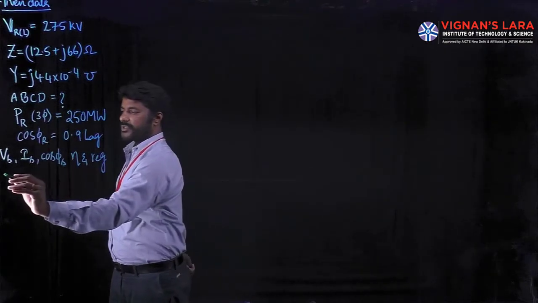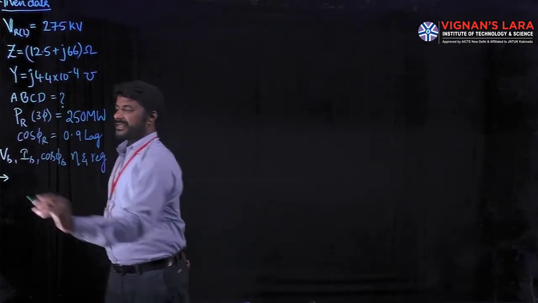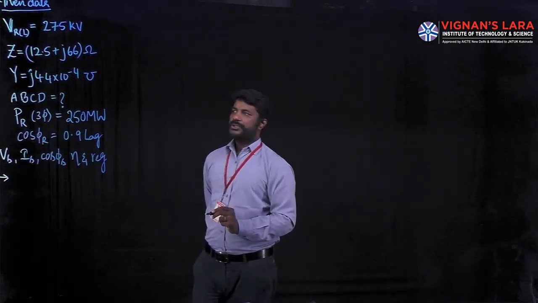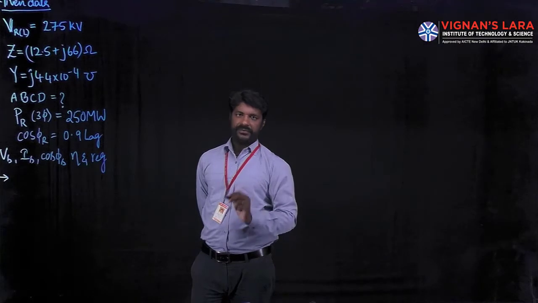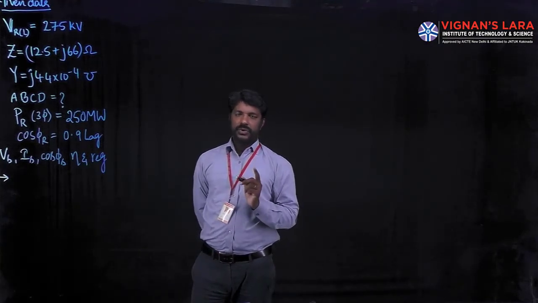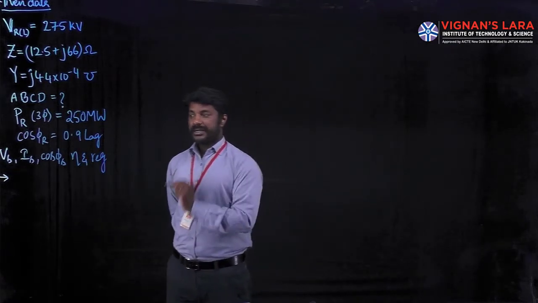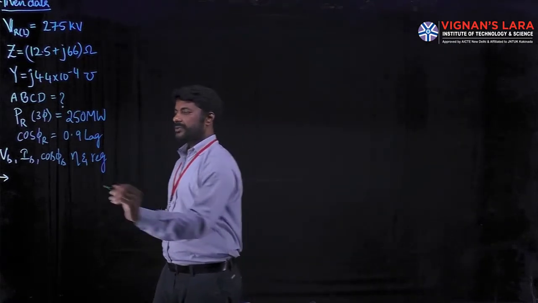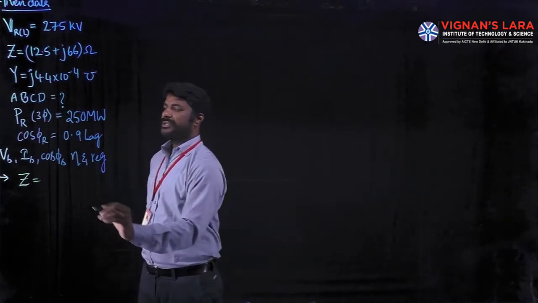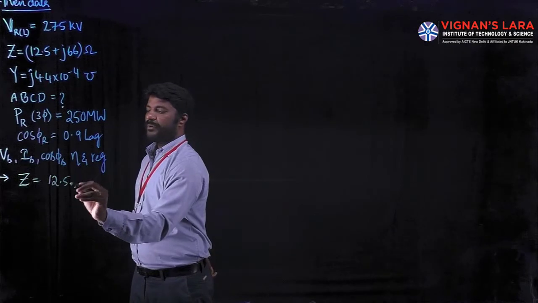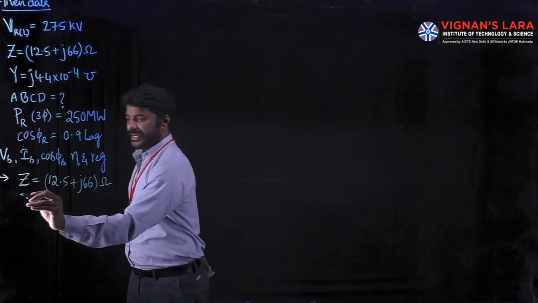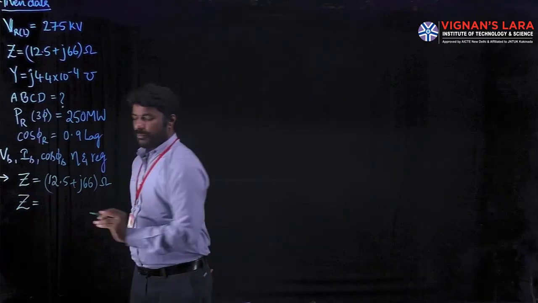Next, let me go for the solution part. The solution part is, first of all, to do anything, we have to get the magnitudes of Z and Y in the required formats. The required format here is preferable if those two quantities are represented in polar format, so that capital Z for this entire transmission line, whose value is equal to 12.5 plus j66 ohms, is now rewritten in polar notation.